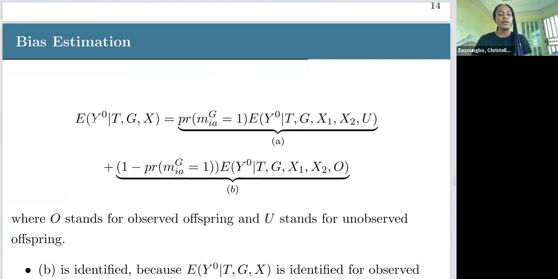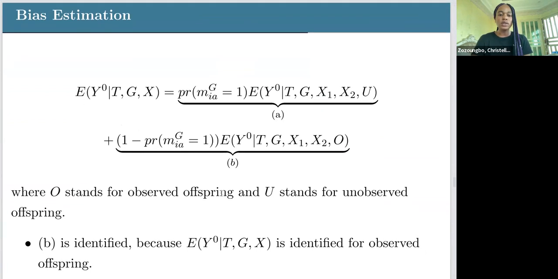So then, using that, I start with the expected potential outcome without treatment, but everything that I'm about to present also holds for the potential outcome with treatment. Using the law of iterated expectations, I can decompose this expression into this one.